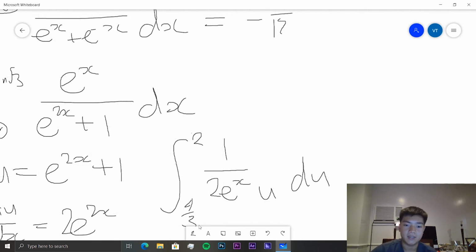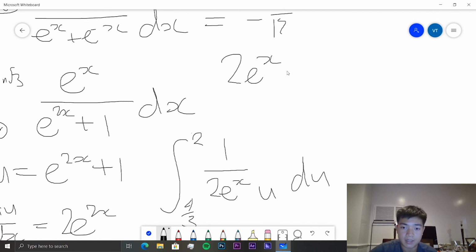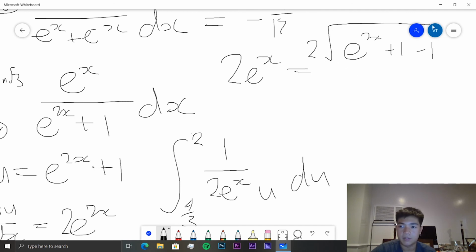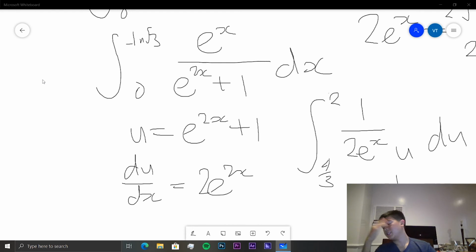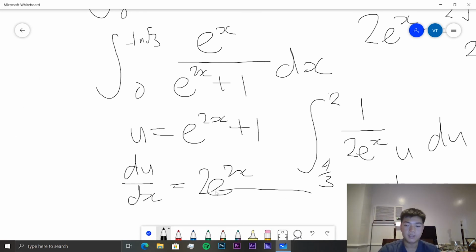We can say that 2 e to the x is equal to 2 times the square root of e to the 2x plus 1 minus 1, so it's 2 times the square root of u minus 1. Oh, of course, wait, what am I doing? Oh, I'm so silly. We could just use trigonometric substitution.